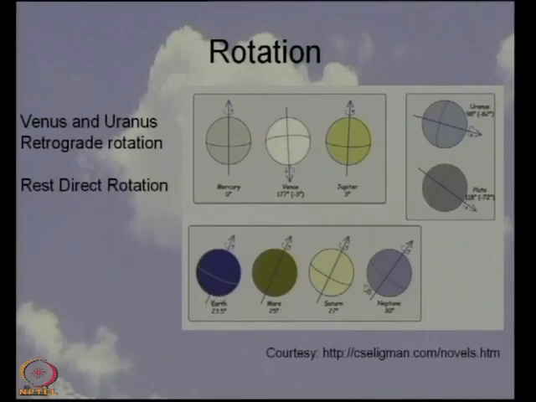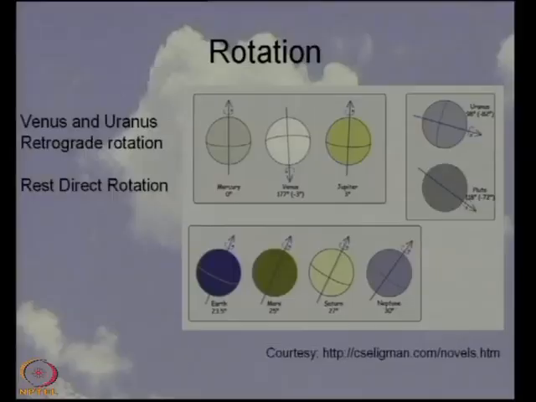The point to note is that nearly all the planets have their rotation axis aligned normal to the ecliptic plane, nearly normal, okay, and they rotate in roughly the same direction in which they are revolving around the sun.